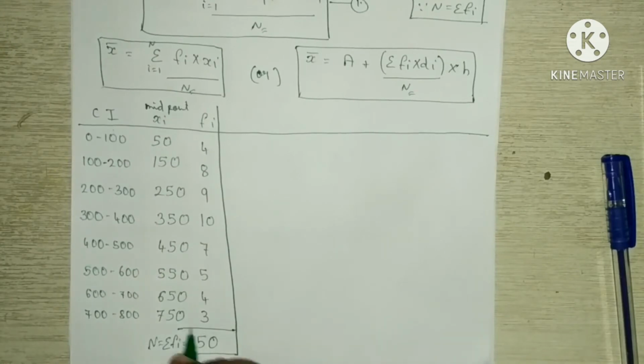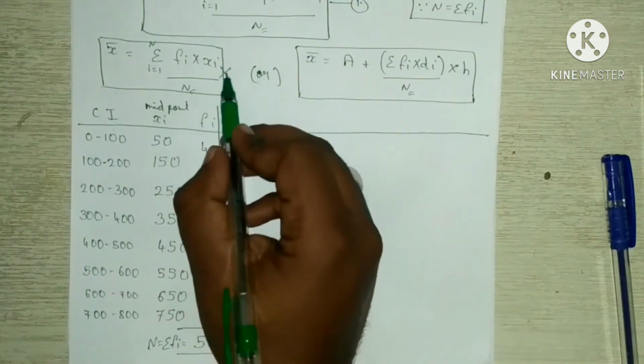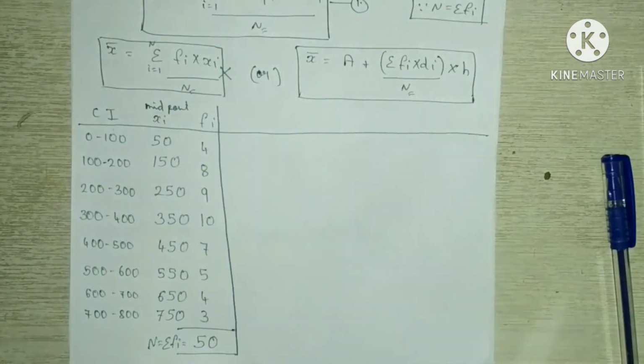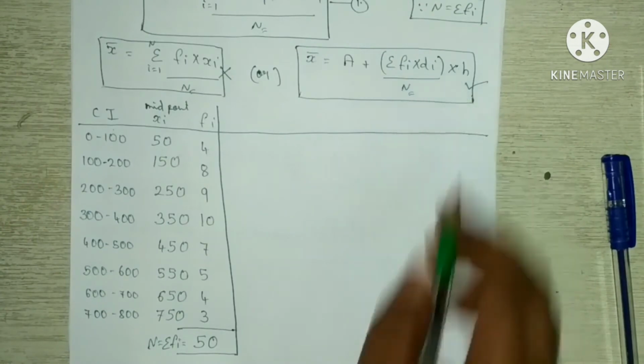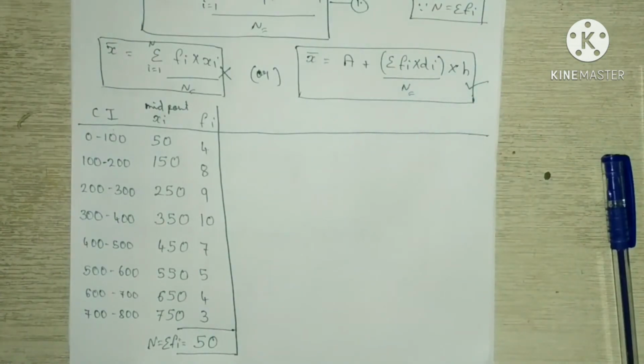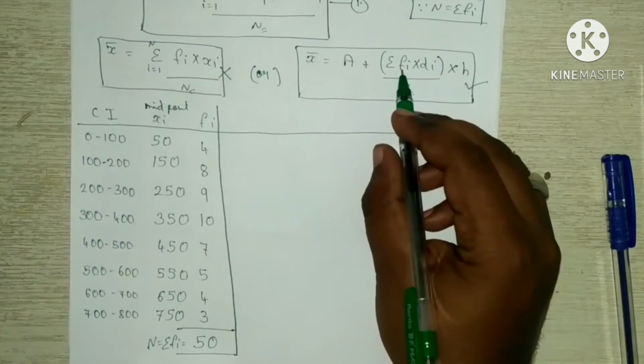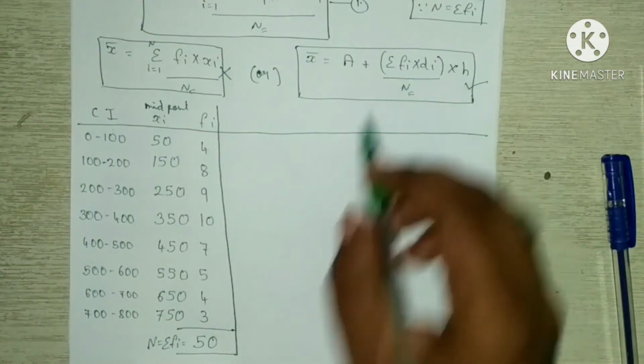To simplify the problem, you do not consider this formula for this problem, you consider this formula. This will be a shortcut method to solve. x bar is equal to a plus summation fi into di by n, into h. h is constant, n is natural number, f is frequency, d is deviation.